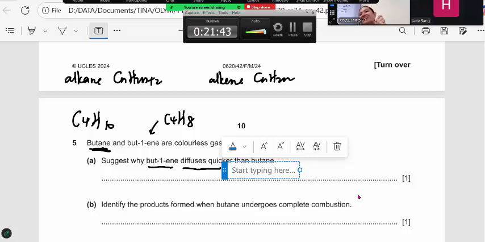Mass, relative molecular mass. The one that is lighter will diffuse faster. So who has a lighter relative molecular mass? C4H8. Lighter or smaller molecular mass.